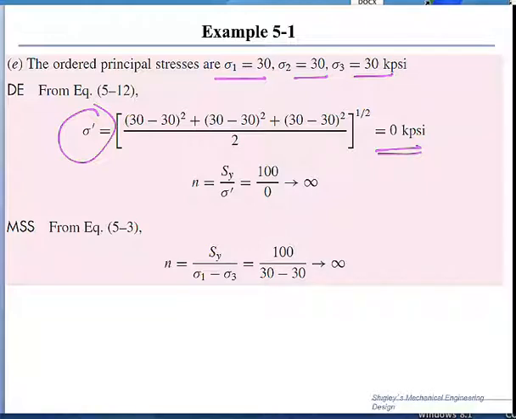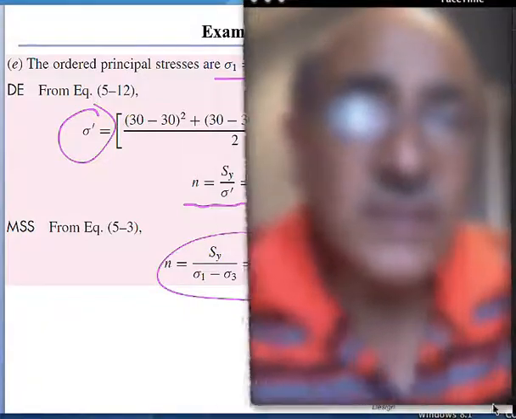And in this case, the factor of safety is infinite, meaning that it is absolutely safe, and the same thing for the maximum shear stress theory. It gives us the same result for the factor of safety.